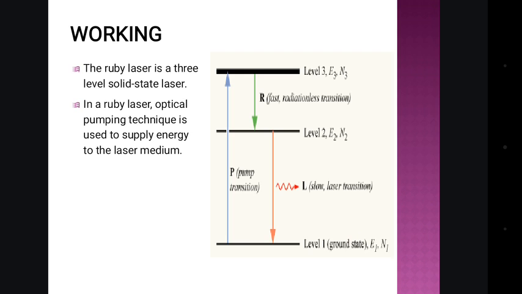Considering a ruby laser medium consisting of three energy levels E1, E2 and E3 and n number of electrons as shown, we assume that energy level E3 is greater than E2 and E2 is greater than E1. The energy level E1 is known as the ground state or lower energy state. The energy level E2 is known as the metastable state, and the energy level E3 is known as the pump state.